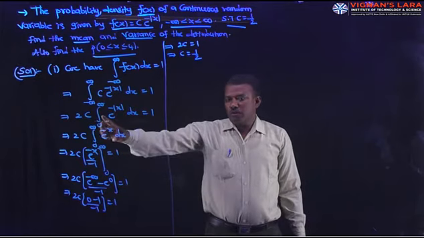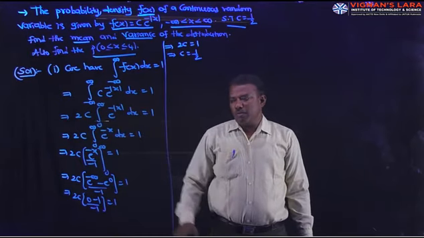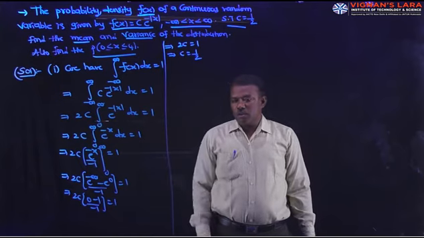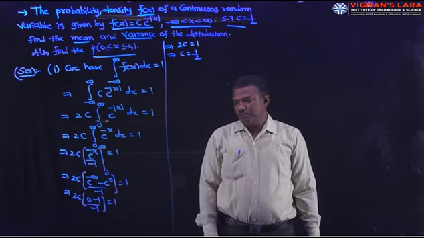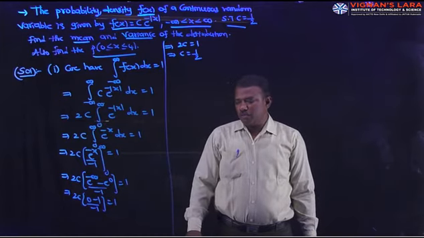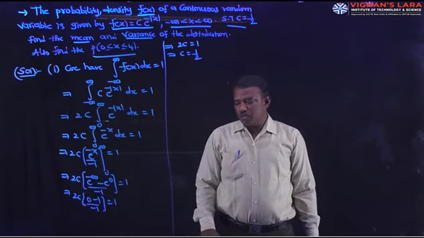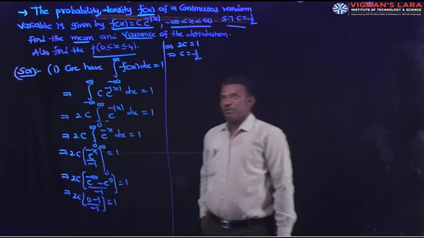In 0 to infinity mod x is x, so e power minus mod x is e power minus x. And integration of e power minus x is e power minus x by minus 1 in between 0 and infinity. Then 2c into e power minus infinity minus e power 0 by minus 1, that is 2c equal to 1. Then c is 1 by 2.